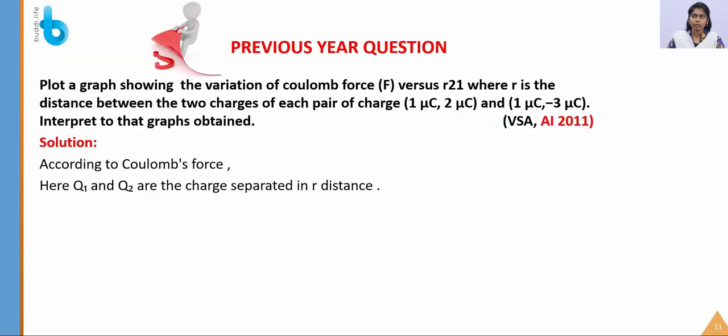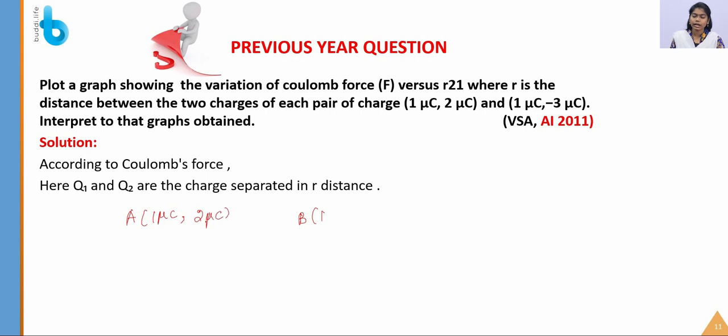Yes. Next we are going to see one previous year question. Plot a graph showing the variation of Coulomb force versus 1 by R square, where R is the distance between the two charges of each pair. So they have given two pairs of charges. One I am taking as A and another as B. A has 1 microcoulomb and 2 microcoulomb, and B has 2 microcoulomb and minus 3 microcoulomb.